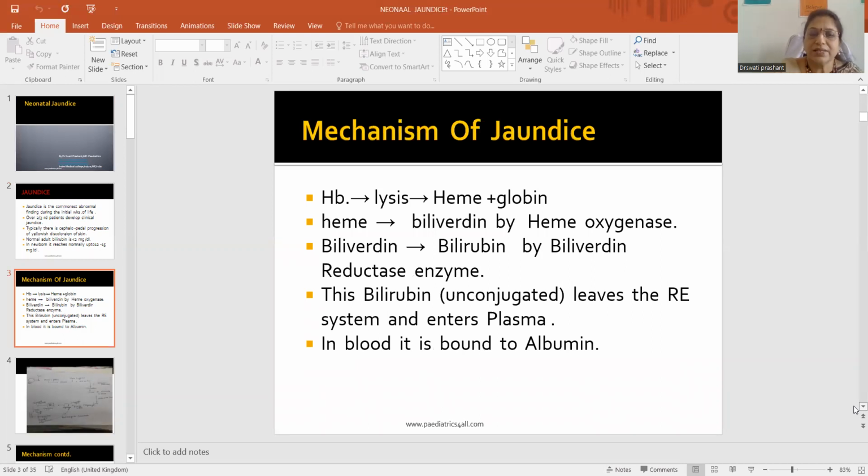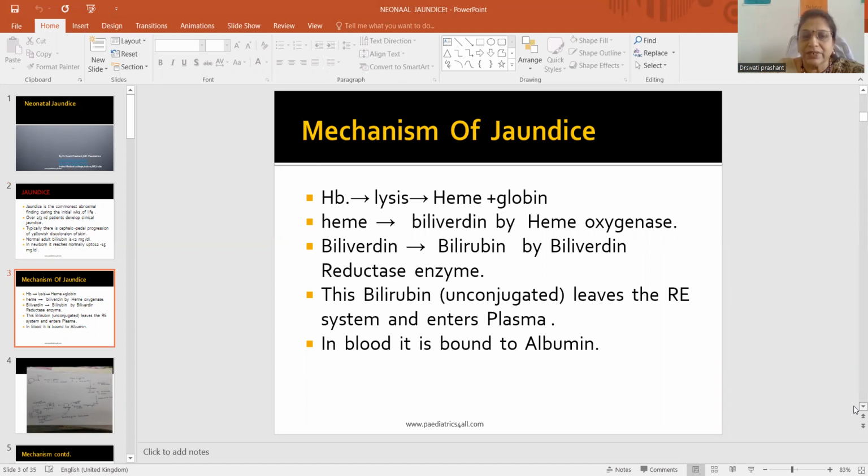Mechanism of jaundice: there is lysis of hemoglobin. As we know, in adults the lifespan of RBC is 120 days, while in newborns it is 90 days. So the RBCs are going to lyse faster than in adults. Once the RBC lysis occurs, heme and globin are separated.